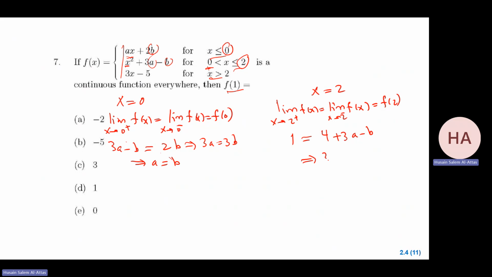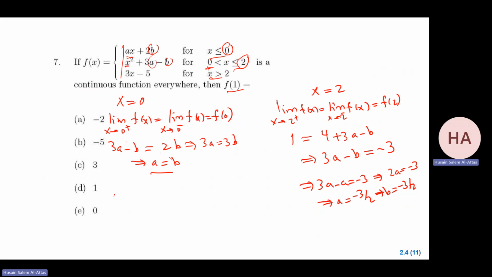So I have 3a minus b equals 2 minus 3. I know that a equals b, so I take care of that. So I have 3a minus a equals minus 3, that means 2a equals minus 3. That means a equals minus 3 over 2, and b also minus 3 over 2.